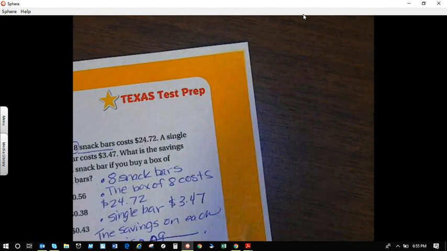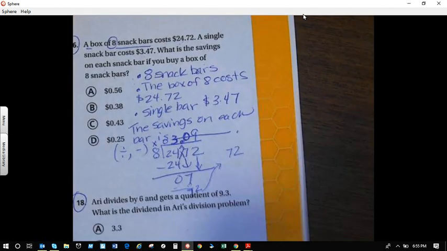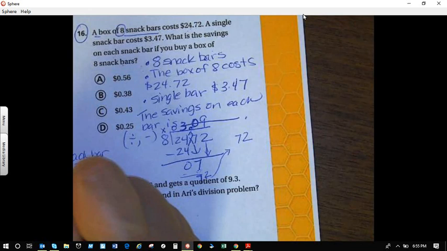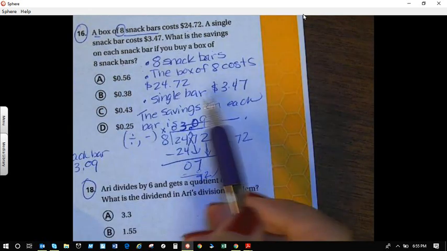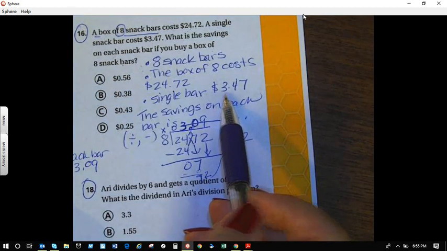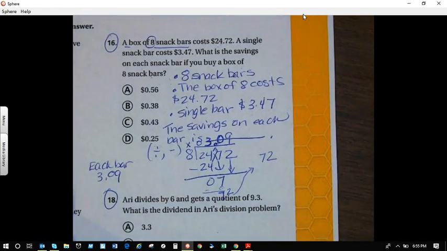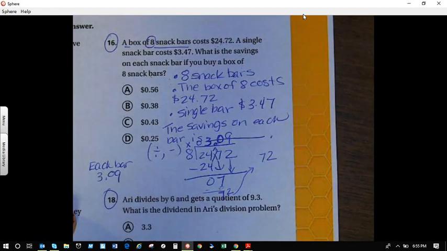So each bar in this box costs $3.09. Compared to here, if you bought individuals, is it a good deal? Yeah, it really is. So looking at the $24.72, not so bad after all when you are getting it cheaper. But how much cheaper are you getting it?